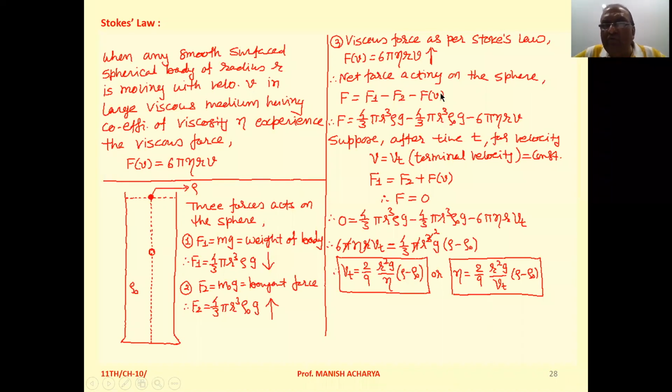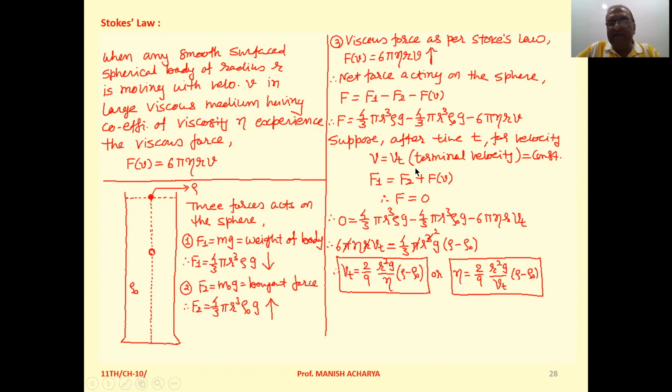Now if the summation of F2 and Fv becomes equal to F1, then the net force will be 0. And during the motion, if the net force acting on the body is 0, then as per Newton's laws of motion, we can say the body will move with constant velocity.